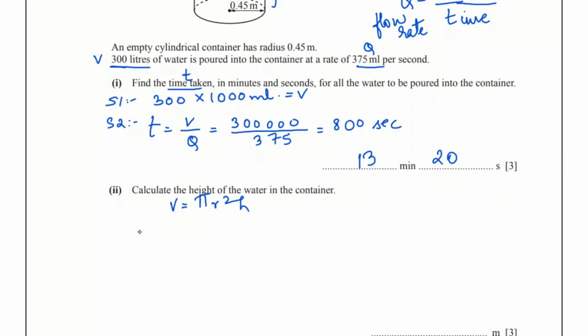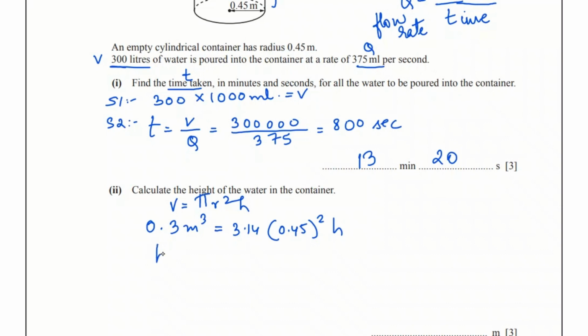Volume is given to us, it is in liters. We'll convert it into meters cubed because you have to find out height. So this will become 0.3 meter cube equals 3.14 into 0.45 square into height.